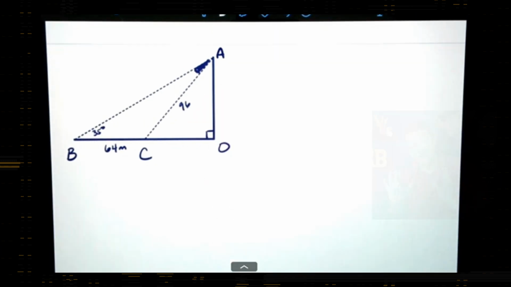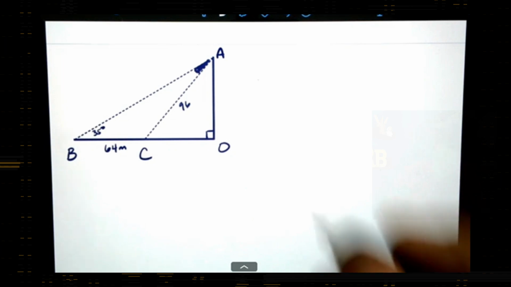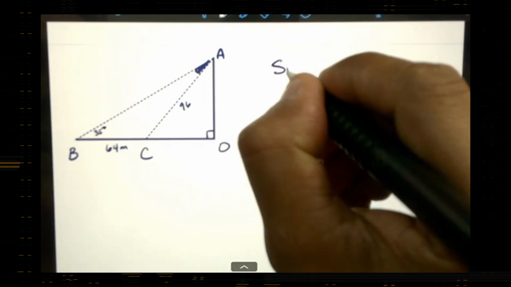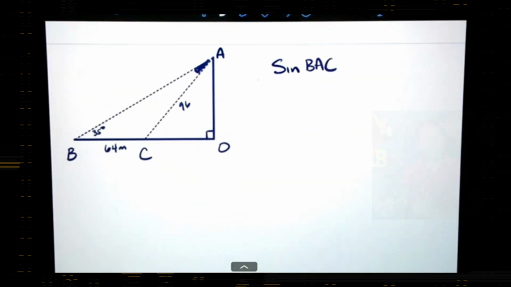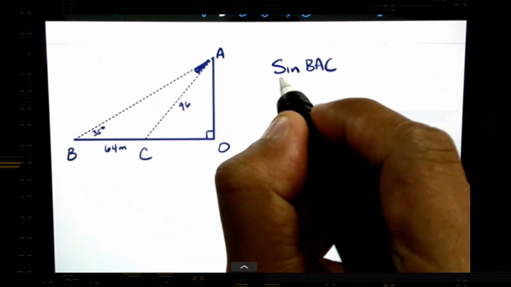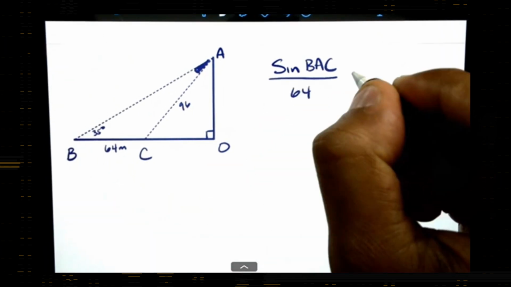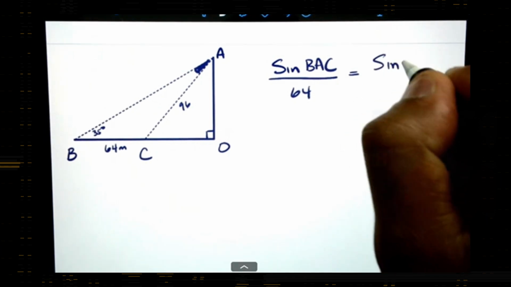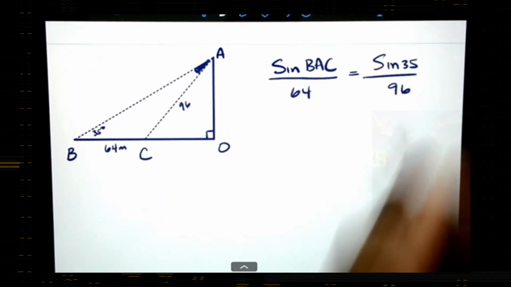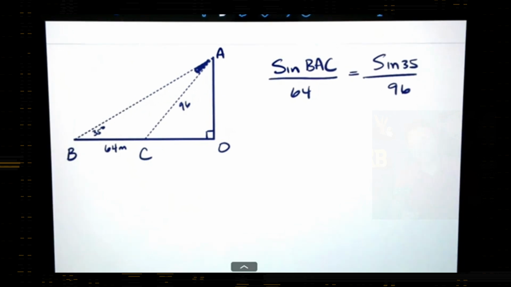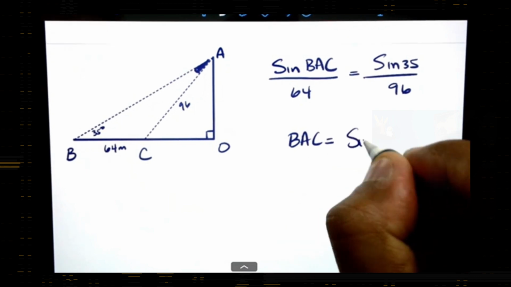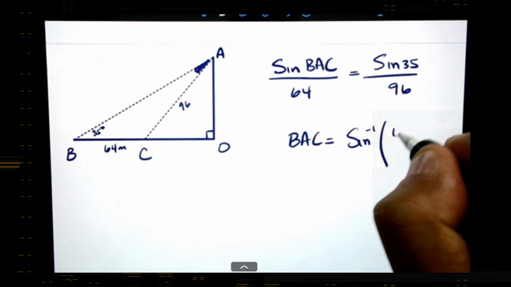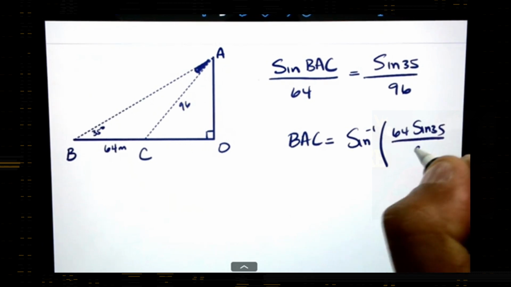Since I want to find the angle BAC, I'm going to start with sine of BAC over 64 equals sine of 35 over 96. And I'm going to solve this for the angle BAC, which equals the inverse of the sine of 64 times sine of 35 divided by 96.